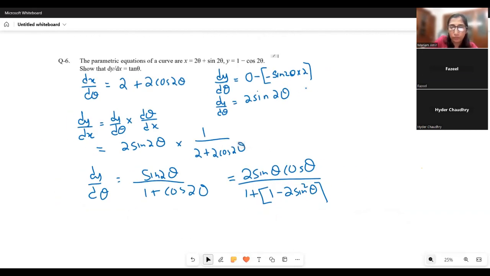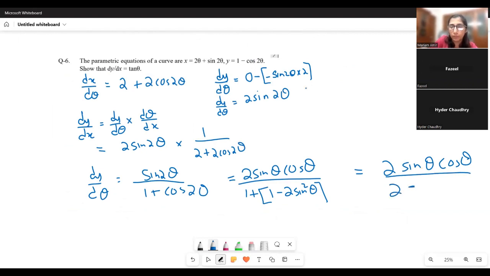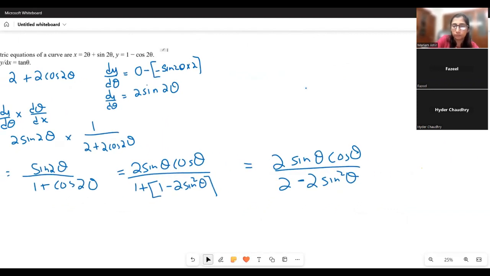That's going to give us the numerator is still 2 sine theta over cos theta. Then we have 2 minus 2 sine square theta. So I'm going to take 2 common from the denominator.